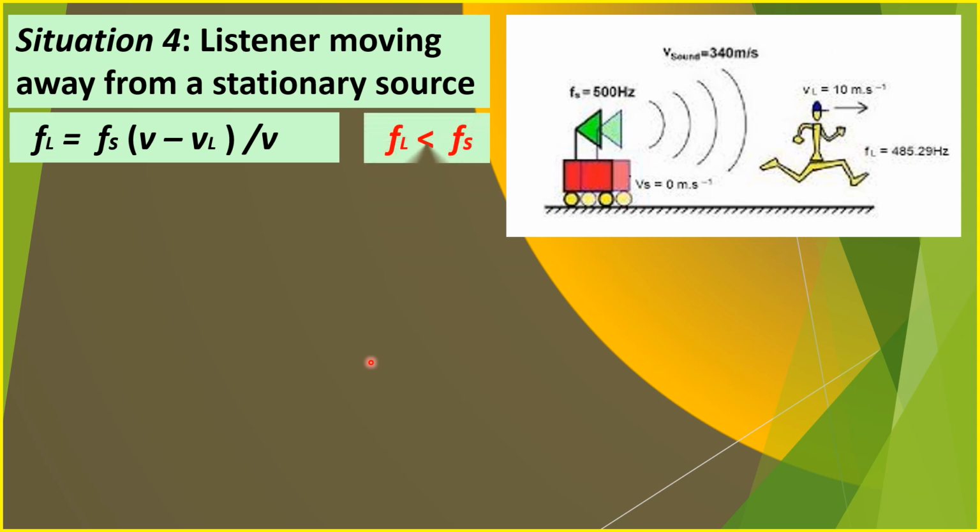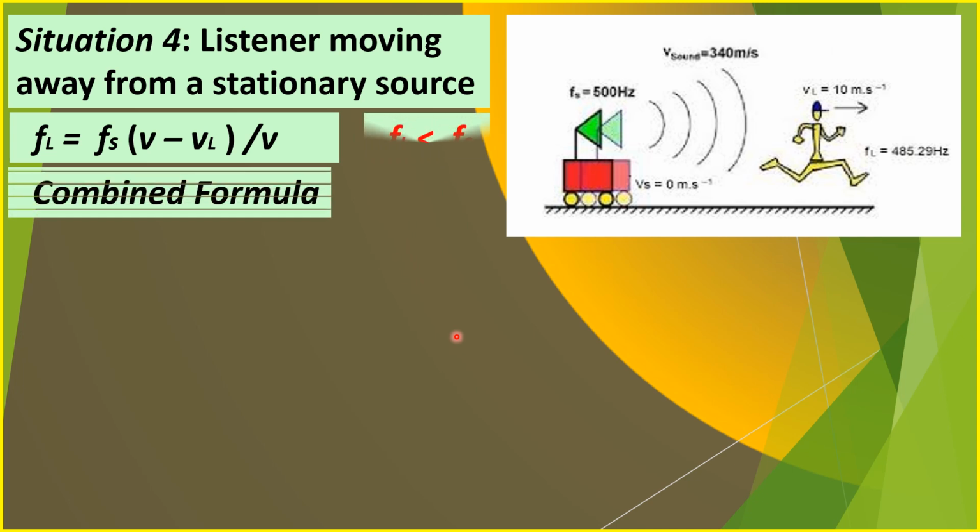This is just a shortcut formula to help you if you are trying to memorize all the formulas in the different situations. Probably this is a better way of memorizing just one single formula which fits all the four situations or other situations that we have not covered. The formula simply goes like this.